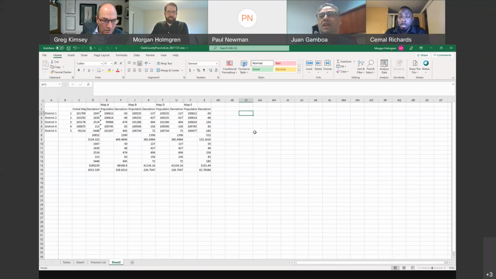Right, but we're just looking at 3 and 5, right? So 3 was like negative something, and then 5 was plus 600. So they were basically mirror images of each other. So you're focused on a variance on a specific district, not the entire map. Is that right? Right. If we look at the variance on all of them, they're like minus 59, I think, and minus something and plus something, within 100.